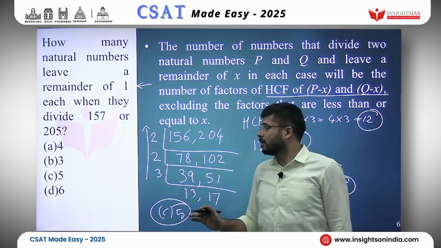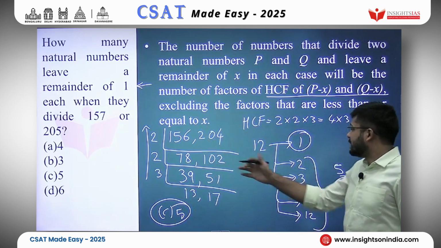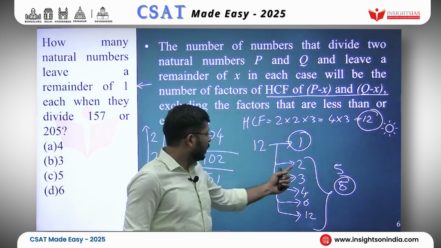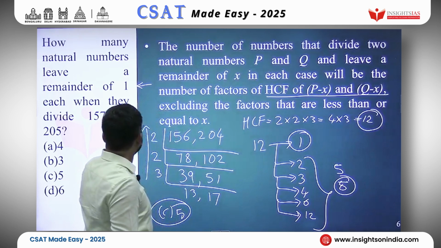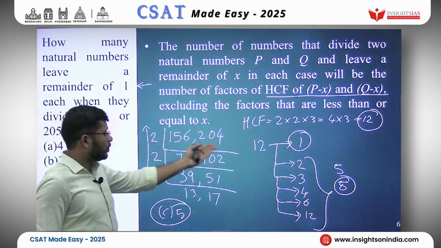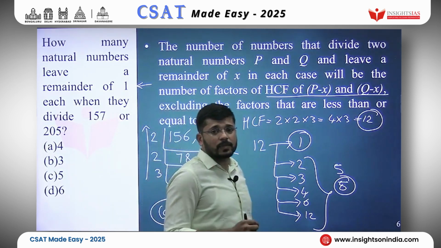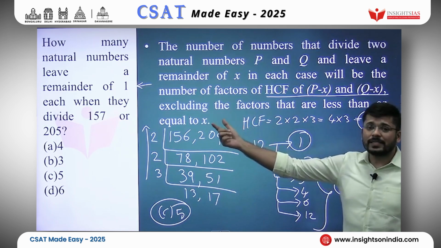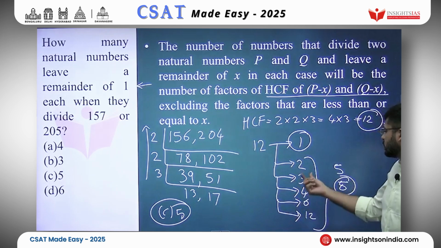5 is our answer. Now let's see what the question actually meant. We will understand the concept better now. If you divide these numbers 157 and 205 by 2, yes, the remainder will be 1, right? Because 2 will be dividing 156 and 204, even numbers.